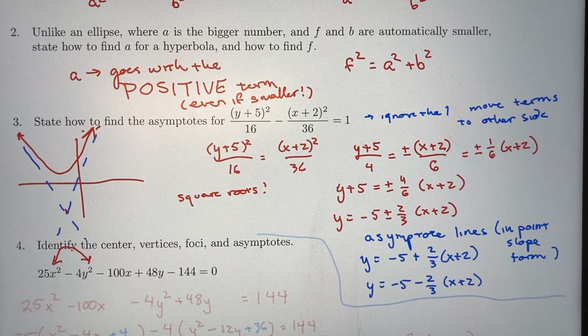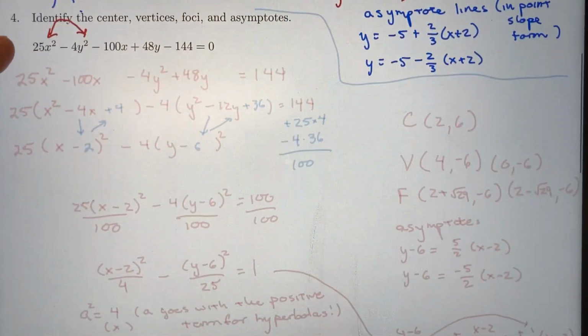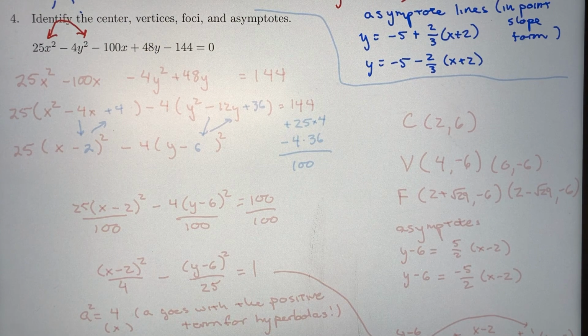Okay, so let's complete some squares and see what we can get from this. Here, let me just start completing the squares. I'm going to have 25x squared minus 100x, and then minus 4y squared plus 48y. Move the 144 to the other side. Okay.